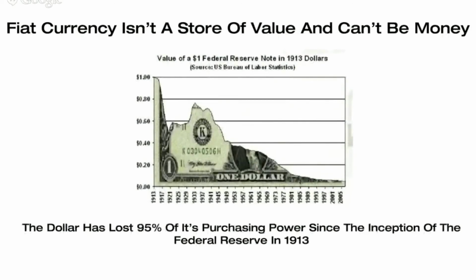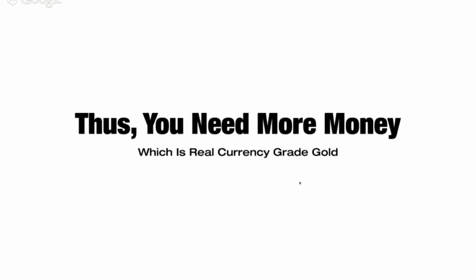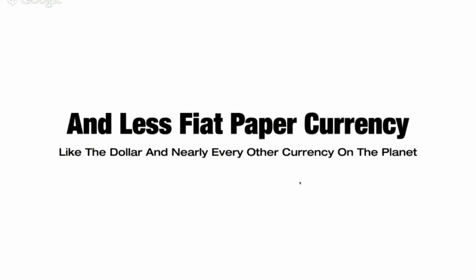The value of the dollar from the Federal Reserve in 1913 has fallen 95% as far as its purchasing power is concerned since the inception of the Federal Reserve. Thus, you need more money, which is real currency-grade gold, and less fiat paper currency like the dollar and right now nearly every other paper currency on the planet.